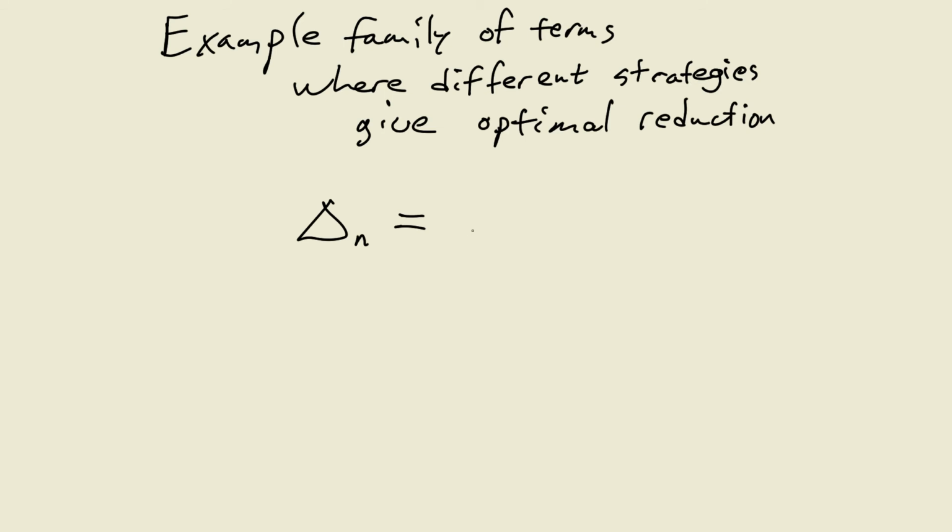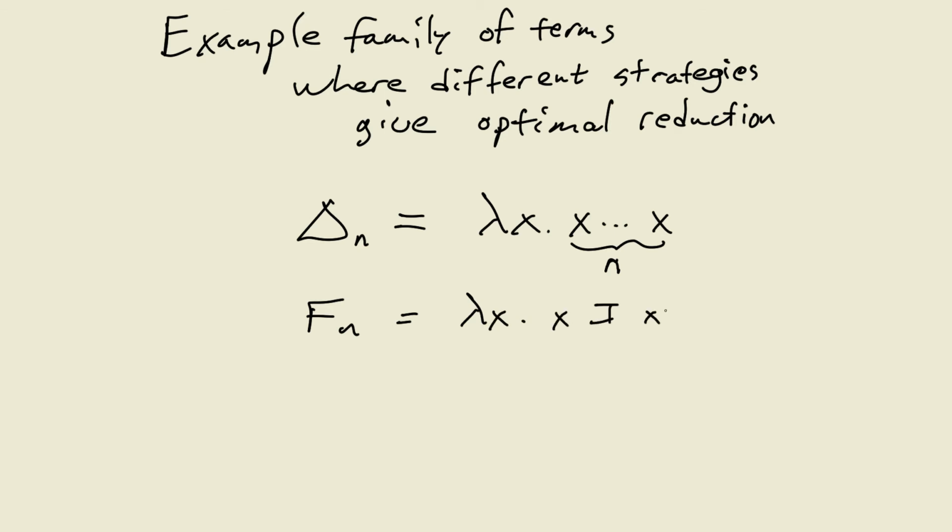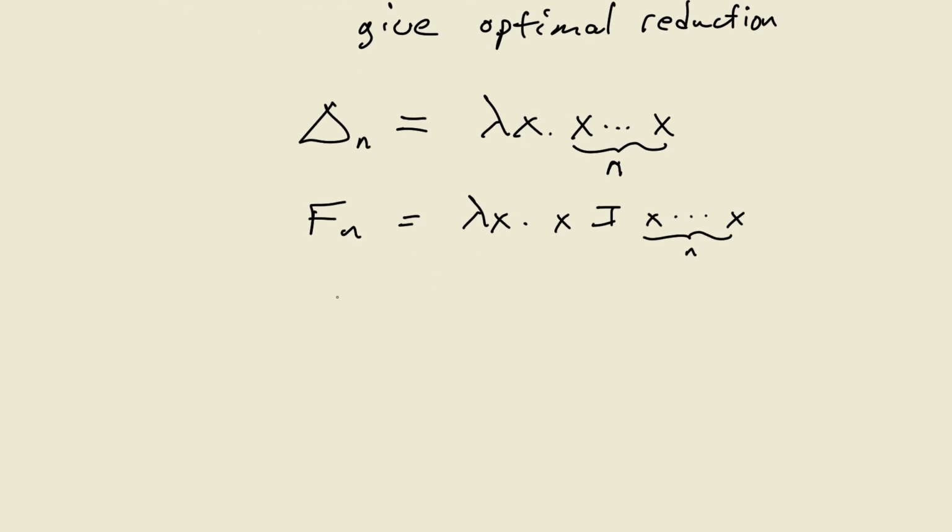Delta n, the n-fold duplicator, is lambda x, and just apply x to itself n times. Then there's a term F sub n, which is lambda x, x I, and then n x's. There's a couple more of these.